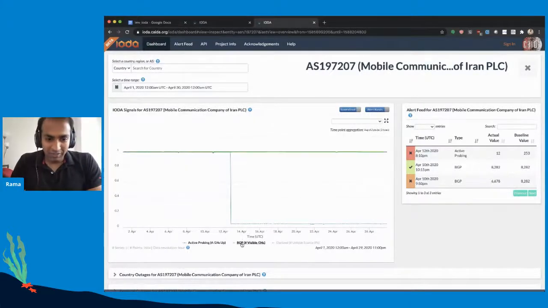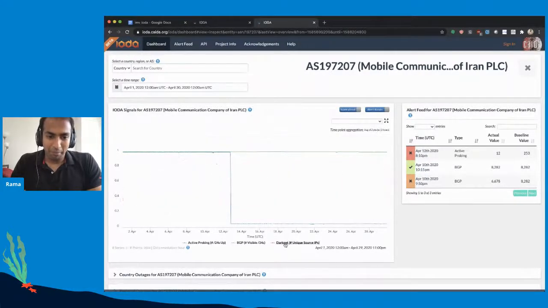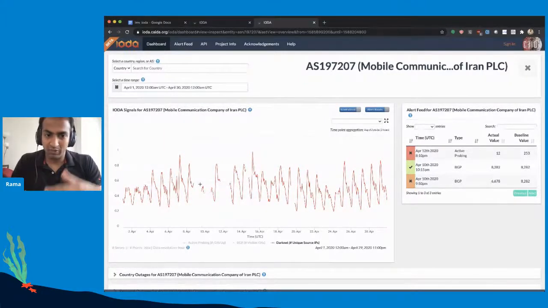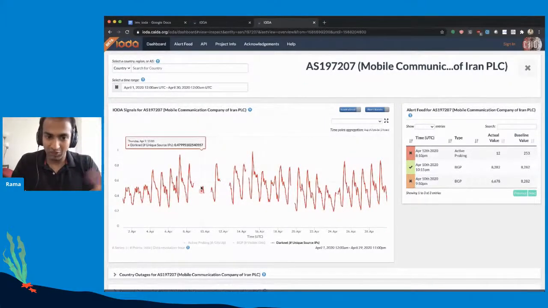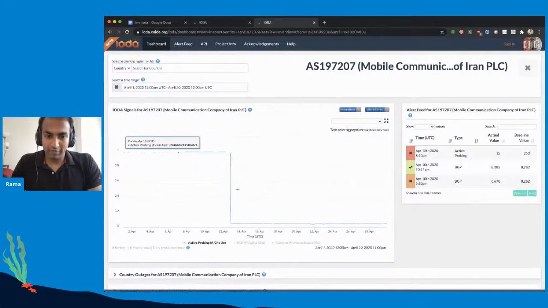But during the same time, nothing else seems to be happening in BGP. Although there seems to be some missing data, which, as you recall, are just gaps caused by infrastructure problems on our end, there does not seem to be an unusual drop in the Darknet signal or BGP. But there is a huge drop in active probing.